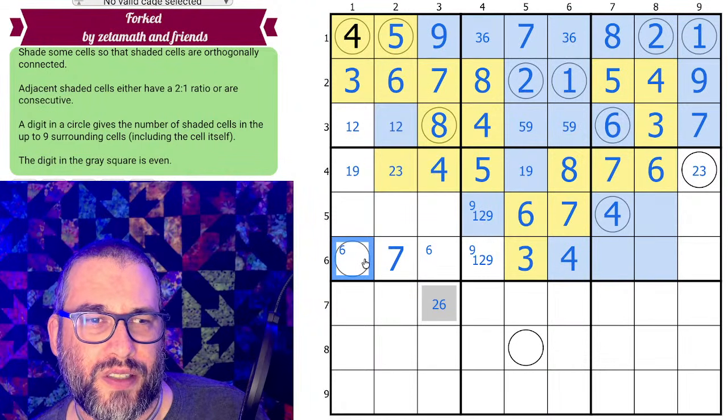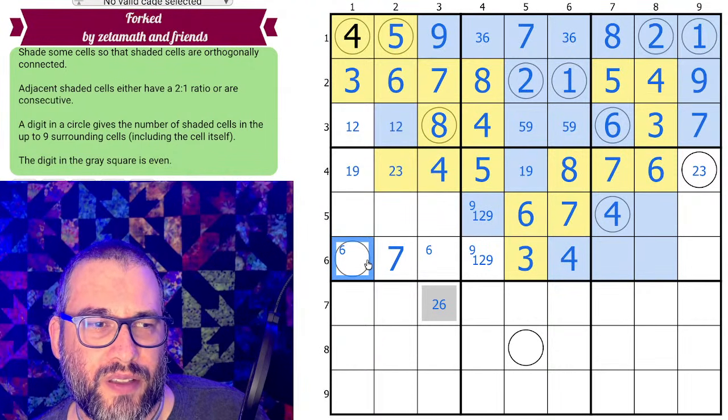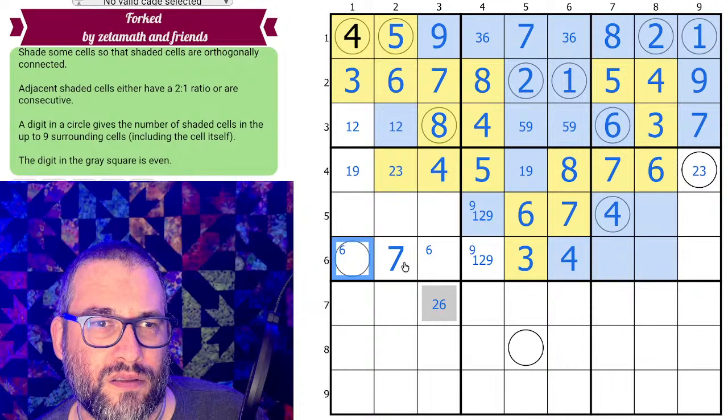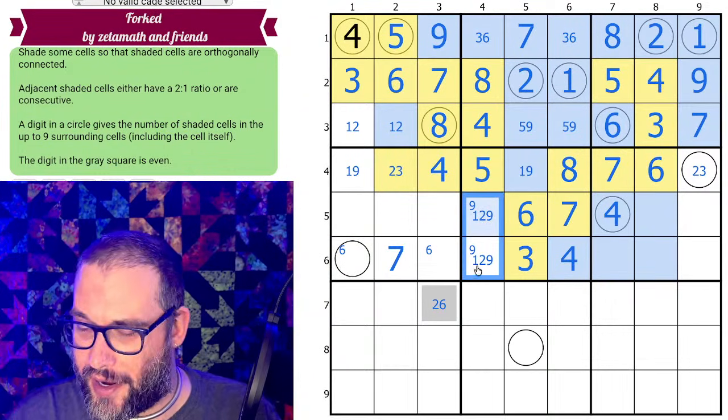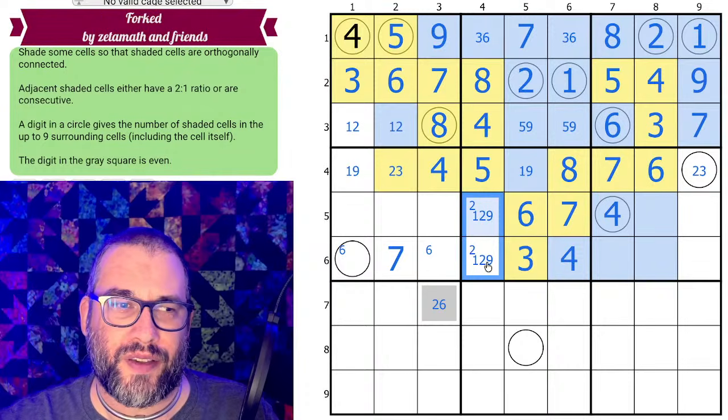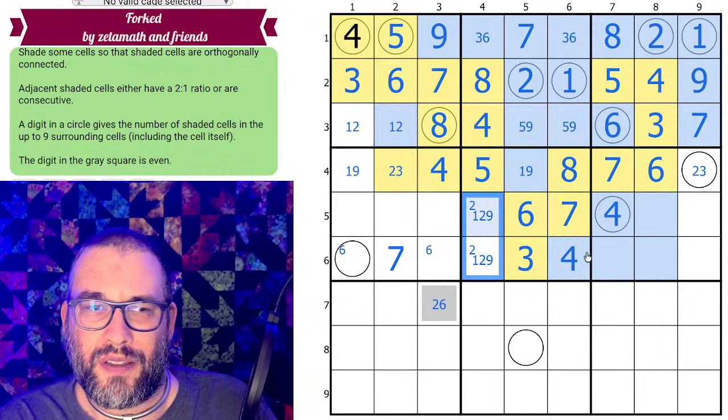Which doesn't instantly break this being 6. Oh, sorry. That was, yes, thank you. Wrong pencil mark.